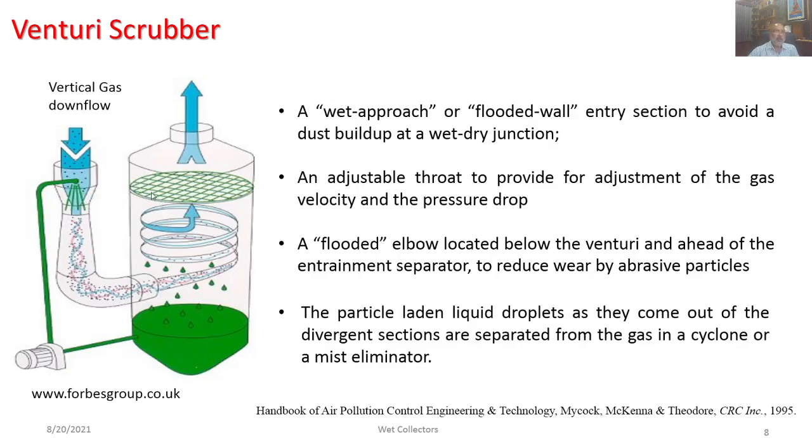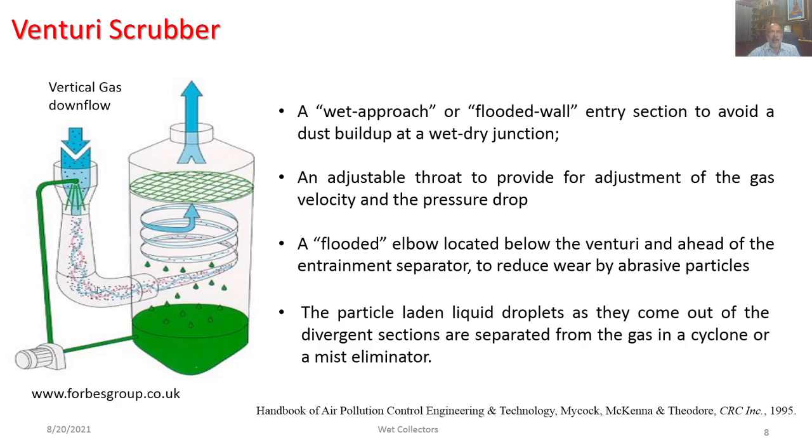Here, the complete version can be seen in this particular sketch. There is a wet approach or flooded wall entry section to avoid dust build-up at a wet-dry junction. There is an adjustable throat which assists in adjustment of the gas velocity as well as the pressure drop.